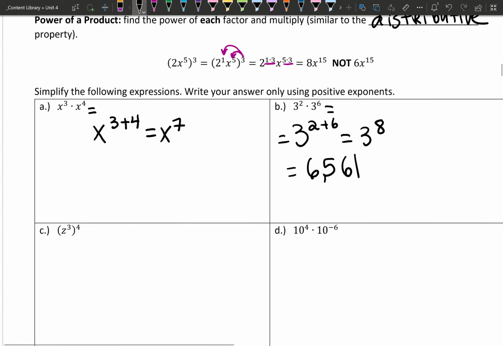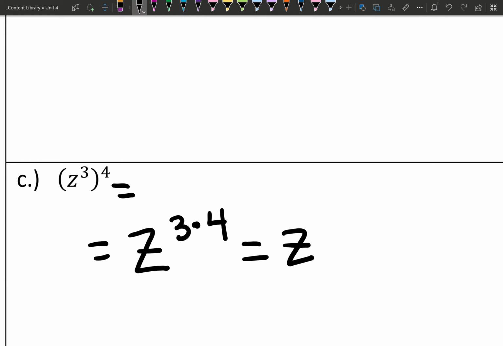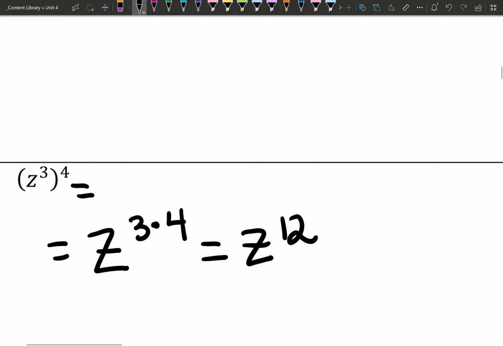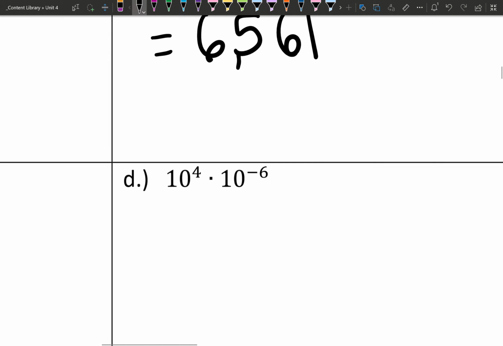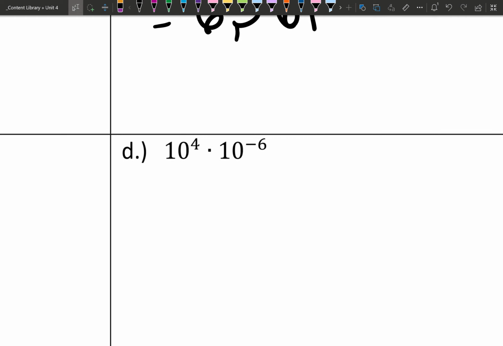Okay. Letter C, z to the 3rd to the power of 4. Well, that is a power of a power, so that becomes z to the 3 times 4, which is z to the 12th. Letter D, 10 to the power of 4 times 10 to the power of negative 6.